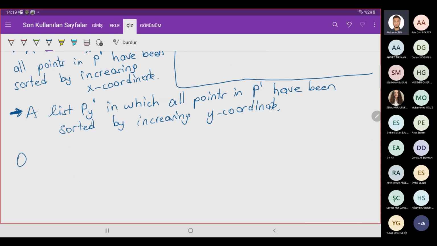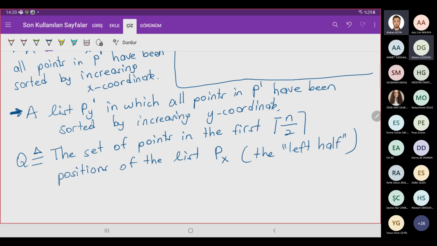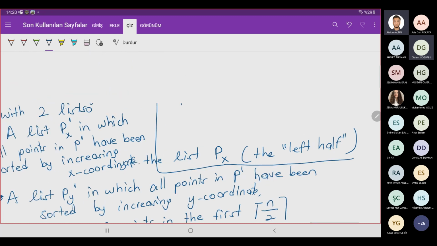So Q is defined as the set of points in the first n over 2 positions of the list Px. So this is like the left half. It's like this region.